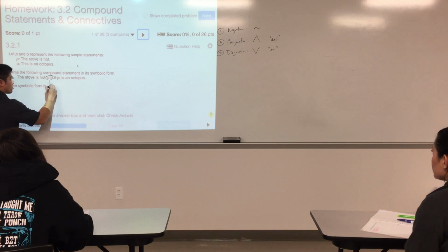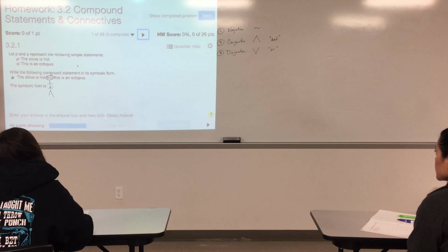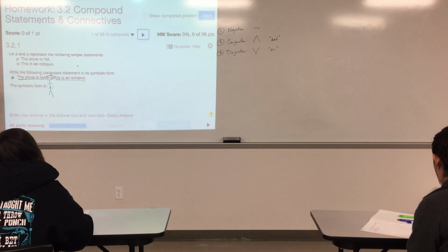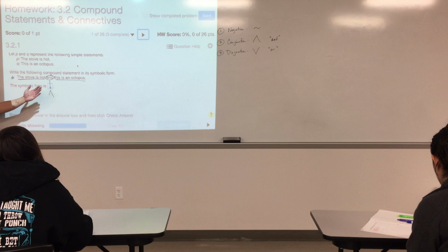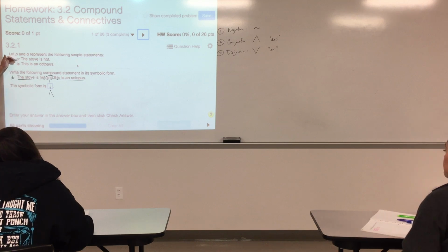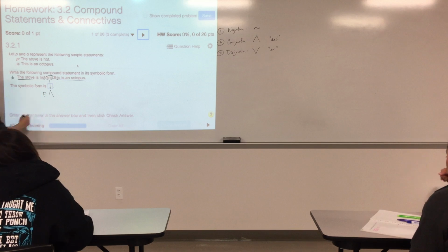I'll put it right here. Okay? So there's going to be a conjunction in our symbolic statement. Then simply look at the items before and after the and to determine what symbols go in front. So let's take a look. The stove is hot. That's going to be P. This is an octopus.